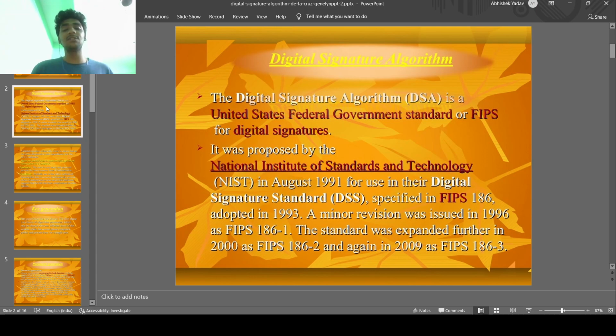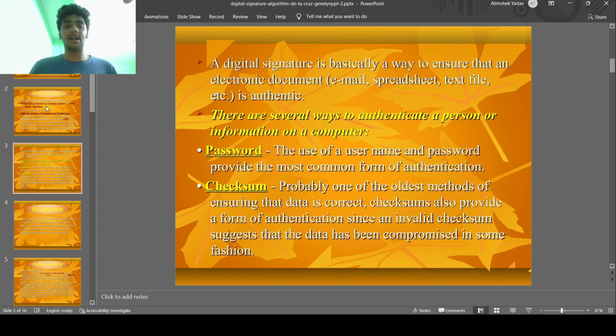A minor revision was issued in 1996 as FIPS 186-1, and the standard was expanded further in 2000 as FIPS 186-2, and again in 2009 as FIPS 186-3.